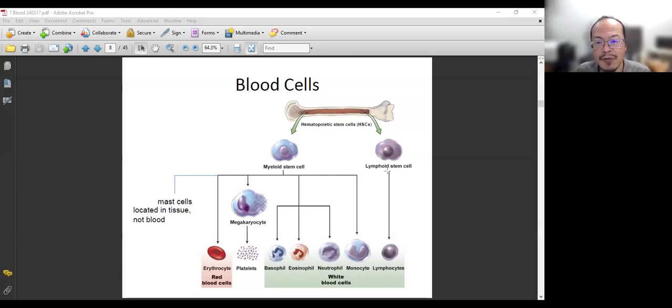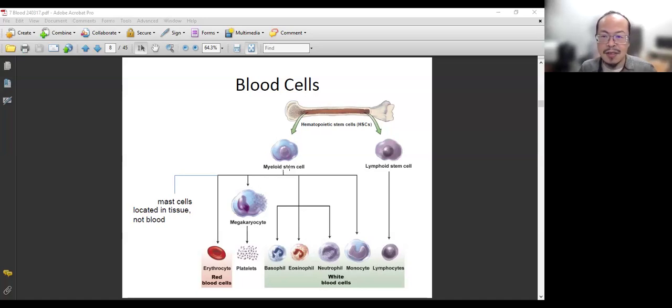Lymphoid stem cells will gradually differentiate into lymphocytes. Lymphocytes have three types: T lymphocytes, B lymphocytes, and natural killer cells. We will talk about that more in our immune system lecture. Their function is to deal with the immune system.